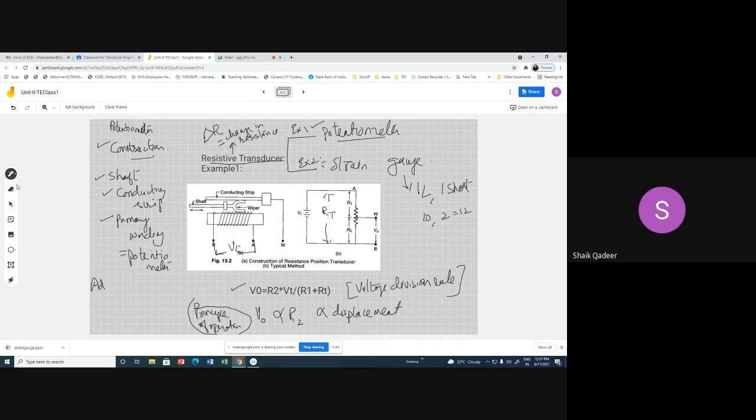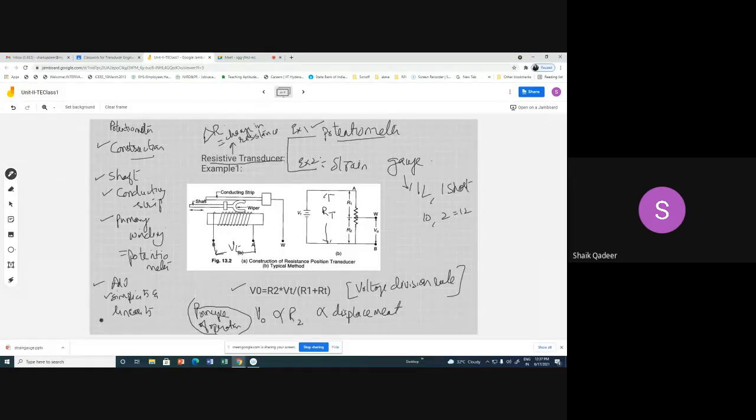Next, write on. Its advantage is its simplicity and linearity.